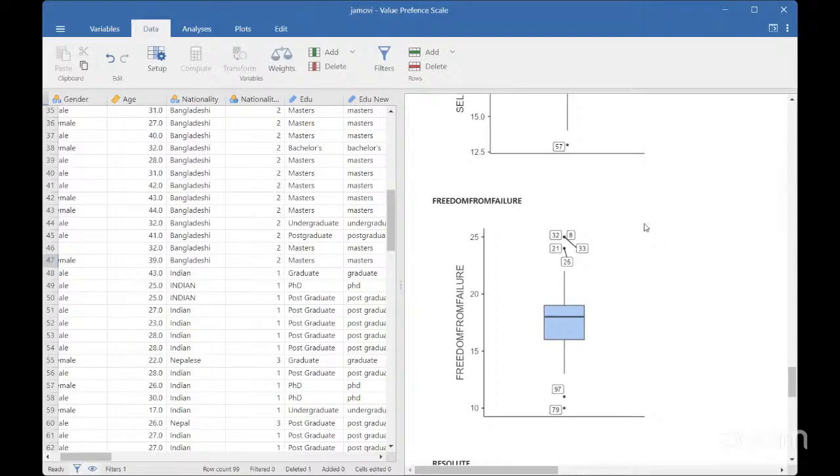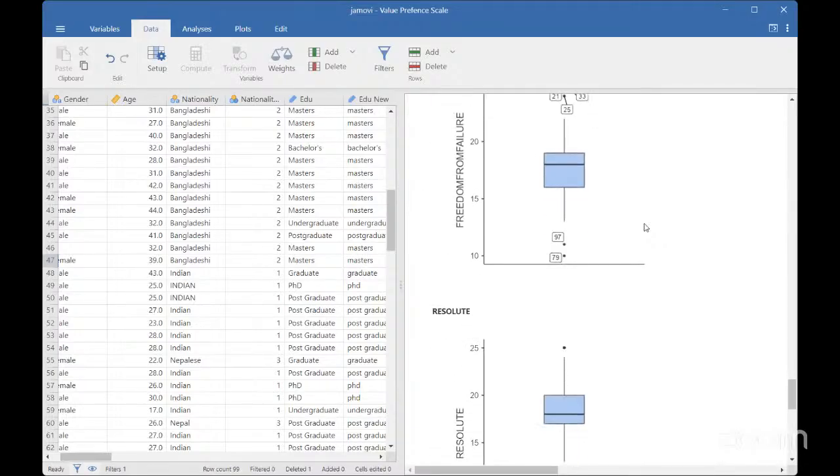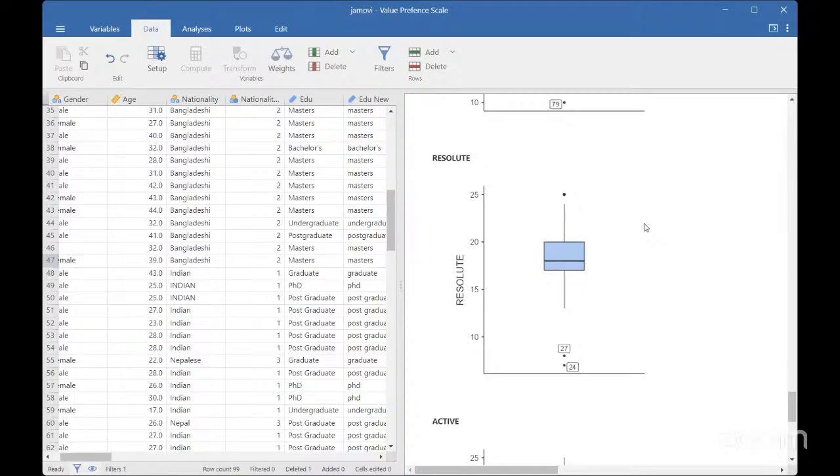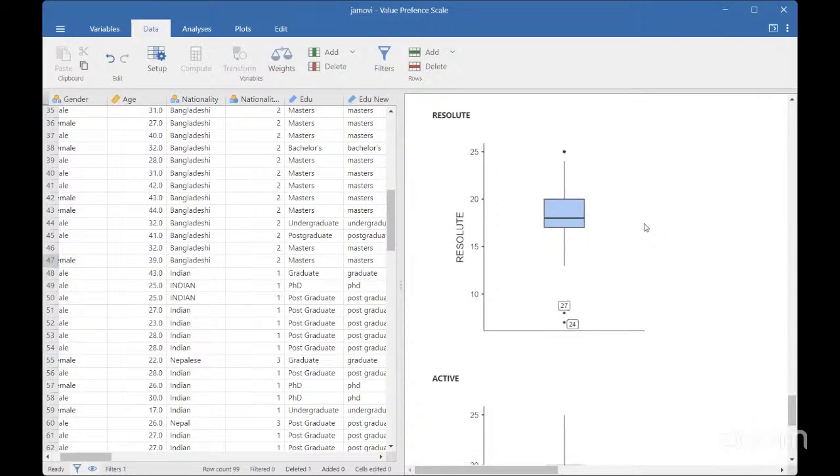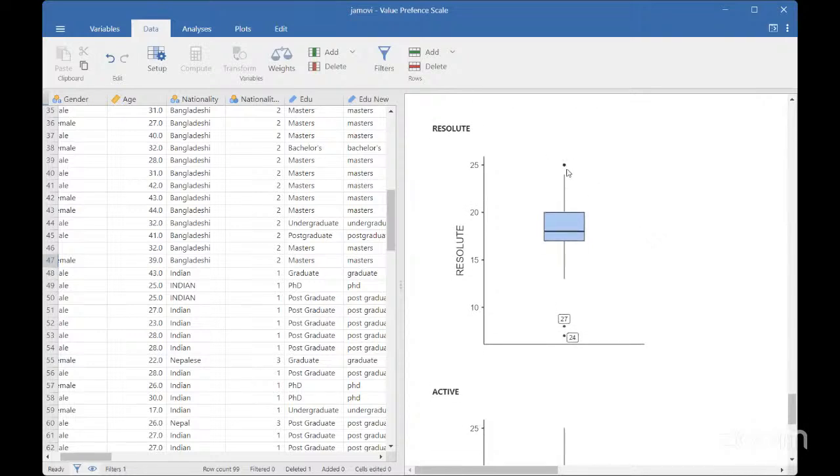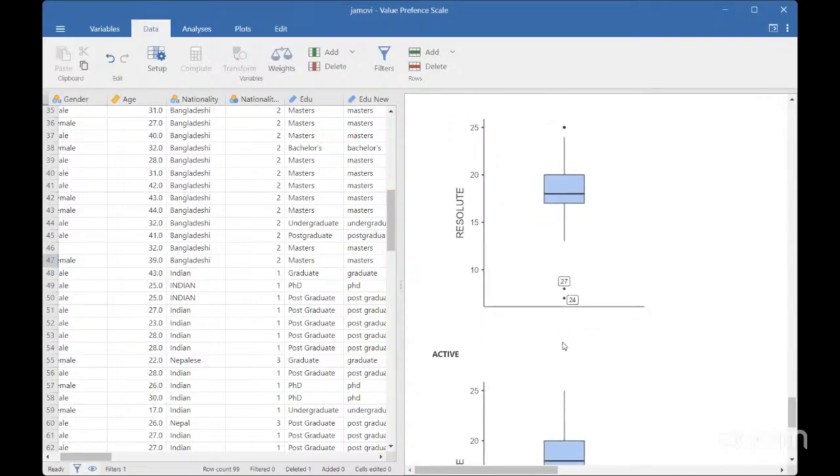That means in path oriented, next is resolute. Again, there is one dot. Okay, in 25, there is one dot. Another one below is 27 and 24. Next is active.